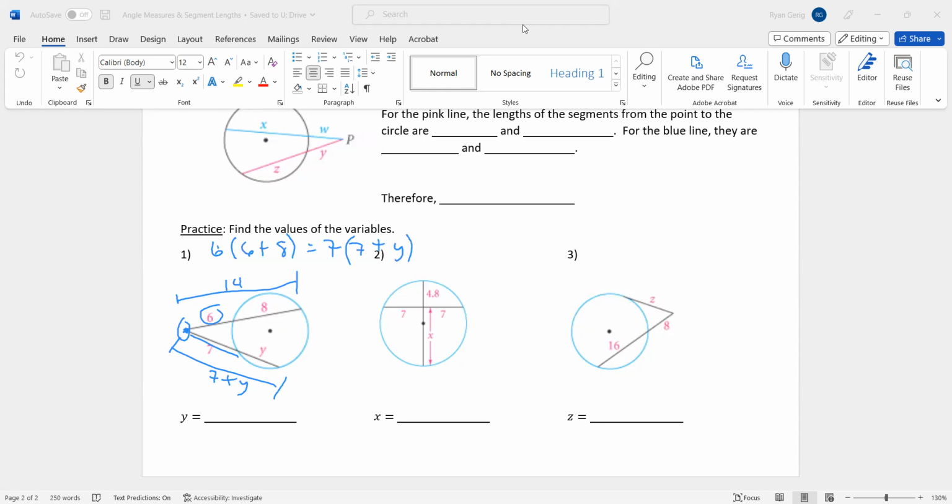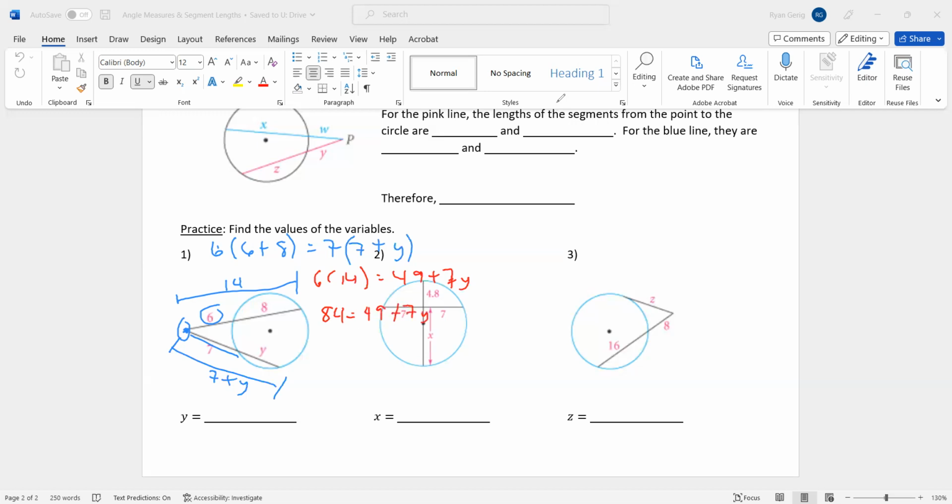And now it's just algebra from there. So 6 times 14 equals, now I've got to distribute here. I can't put 7 and y together. So 7 times 7 is 49 plus 7y. So 6 times 14, 84, equals 49 plus 7y.